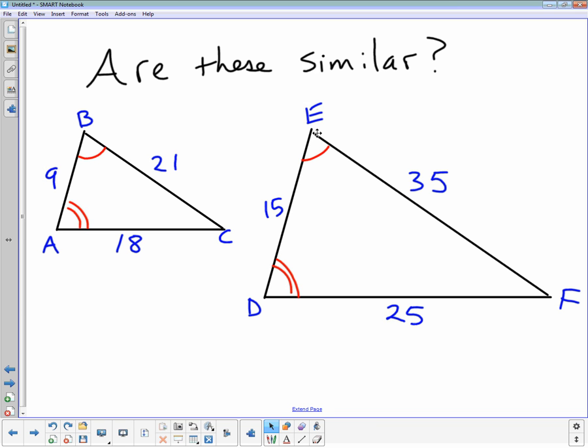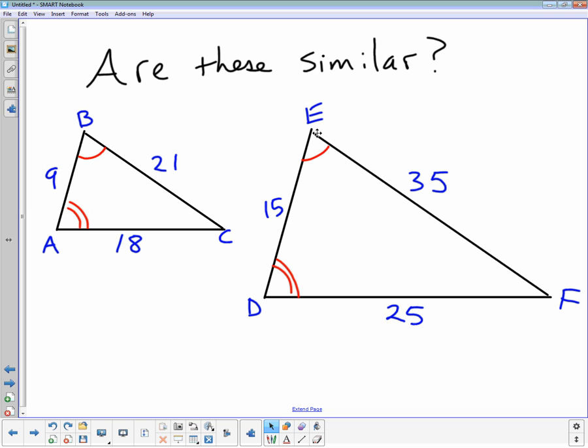So what do I know about those angles in each triangle? Angle A, angle B, angle C. What do we know about all 3 of those angles? It's true for any triangle. What do we know about all the three angles of a triangle? What do they add up to?